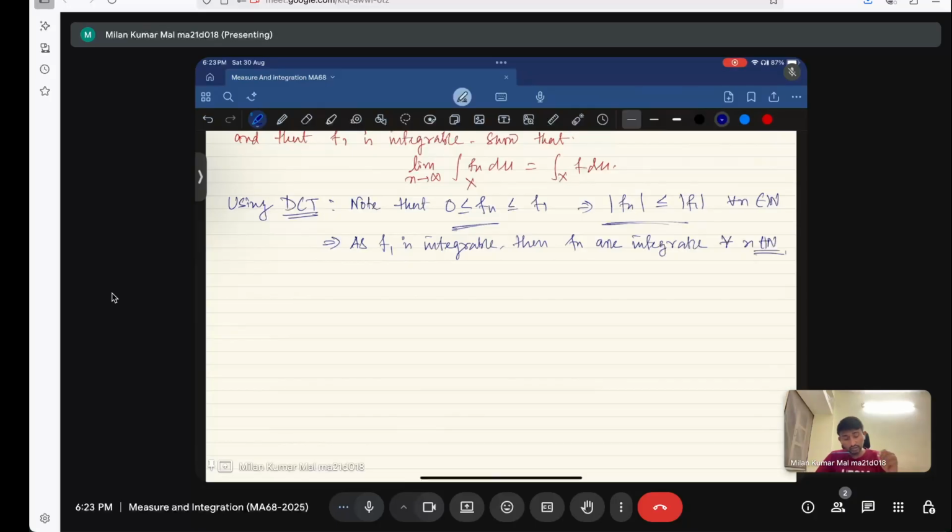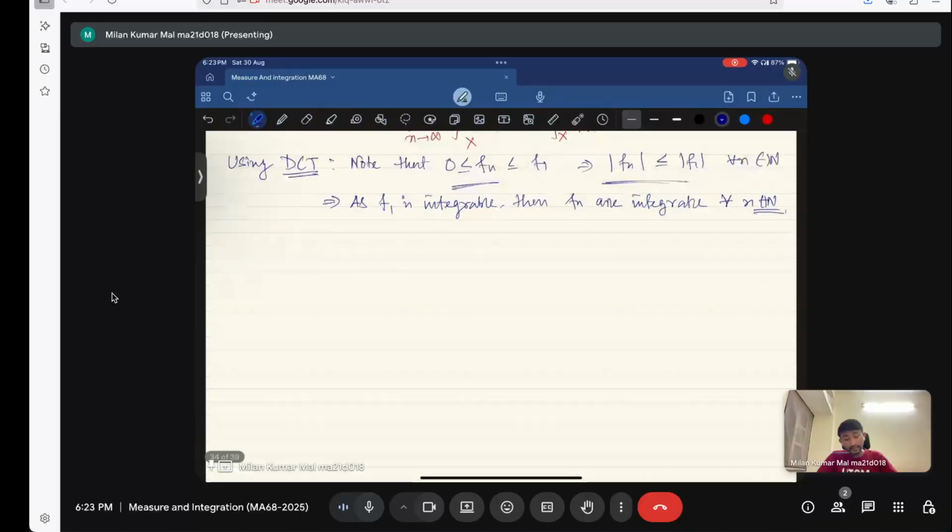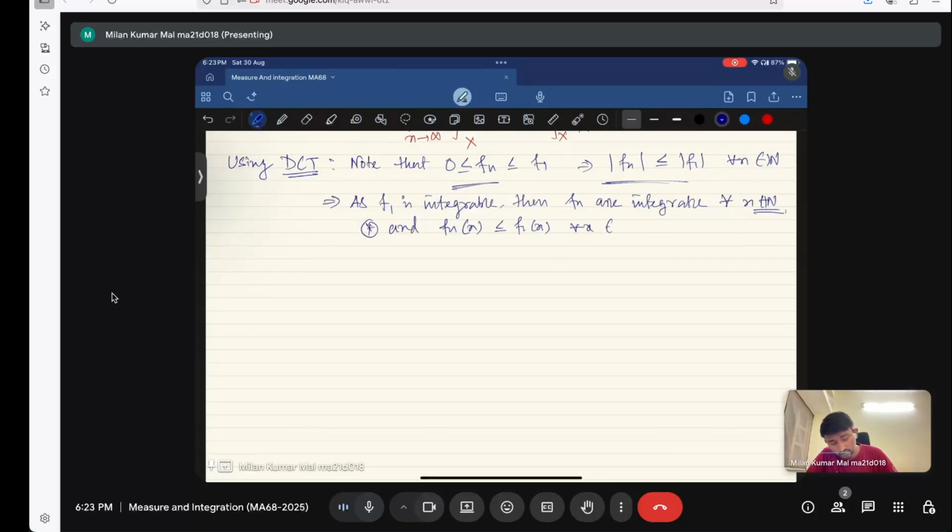Okay, so this is the first thing. Now note, an extra point: fn of x is less than or equal to f1 of x for all x belonging to the set X and n belonging to the natural numbers. So now this is playing the role of g in the dominated convergence theorem.